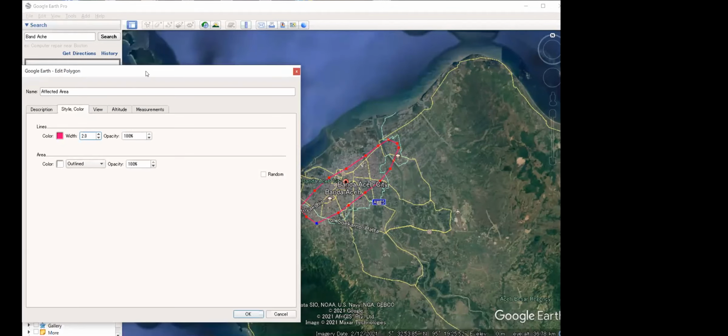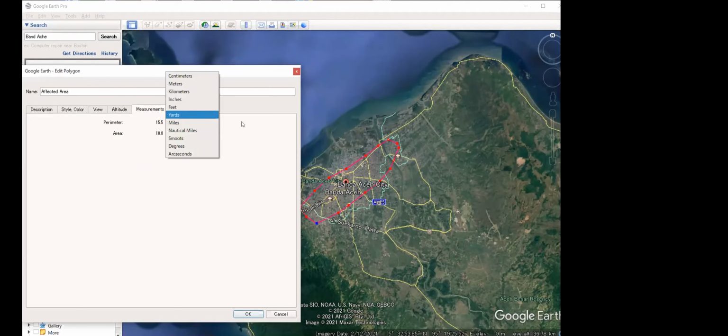And we have to know the area extent in square meters. So please find the measurements tab and change the unit to square kilometer.